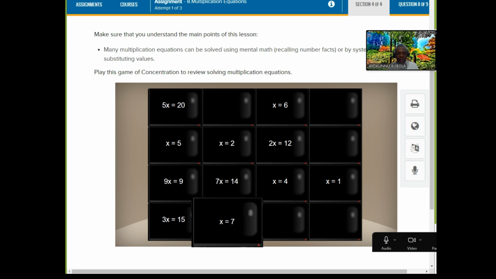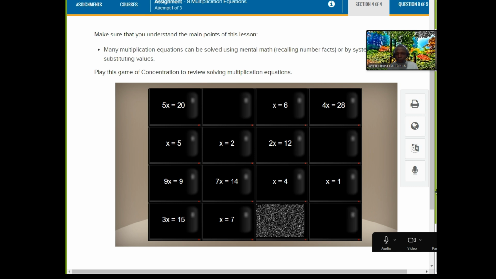Then the next one says x equals 7. Which one could have given us x equals 7? This is 4 times 7 is 28. Okay. So we have two more to go. This one says 6x equals 0. If 6x equals 0, then x must be 0.